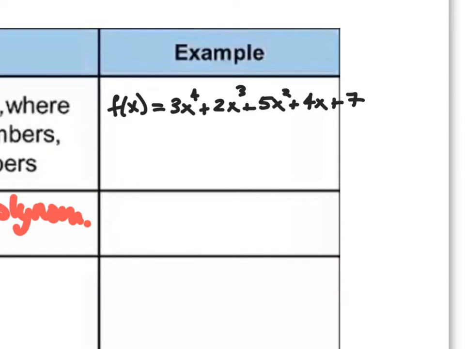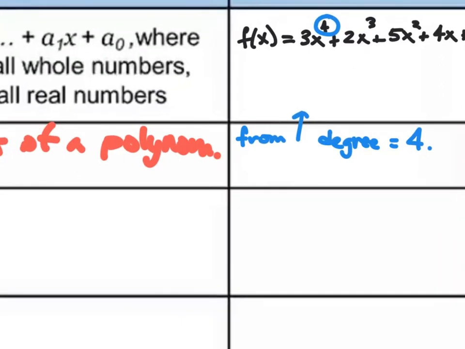My largest exponent here is 4, okay? So from this equation here, the degree is equal to 4, because that's our largest exponent.